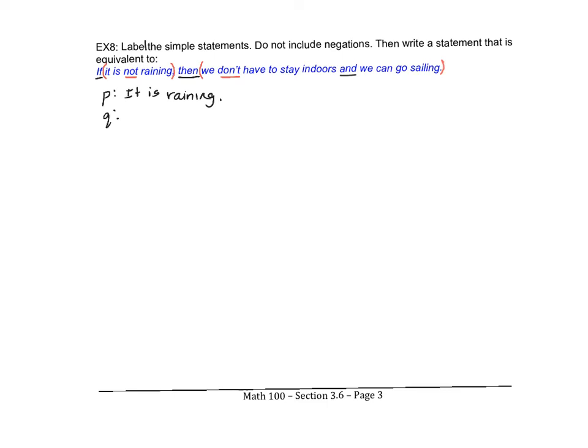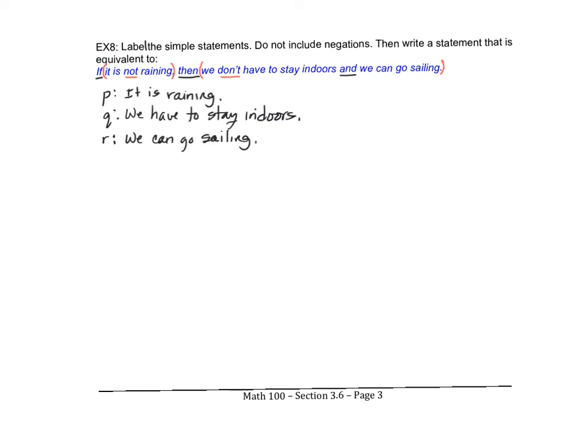For Q, it's not going to be we don't have to stay indoors. It's going to be we have to stay indoors. And then the last statement on the other side of the and, we can go sailing. It's fine. There's no negation there. So that's going to be my R: we can go sailing.